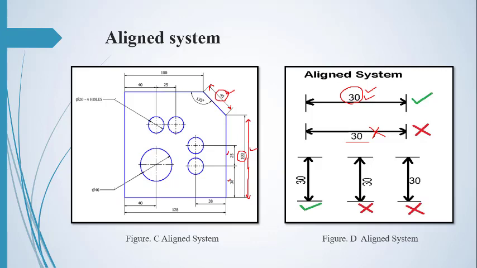Here it's also beneath the line or on the other side, and here it's also not okay. However, this one is the appropriate method for the aligned system, so you will prefer this one, for example 40, or this 30, or this 30. However, these three positions are improper and not acceptable in the aligned system.